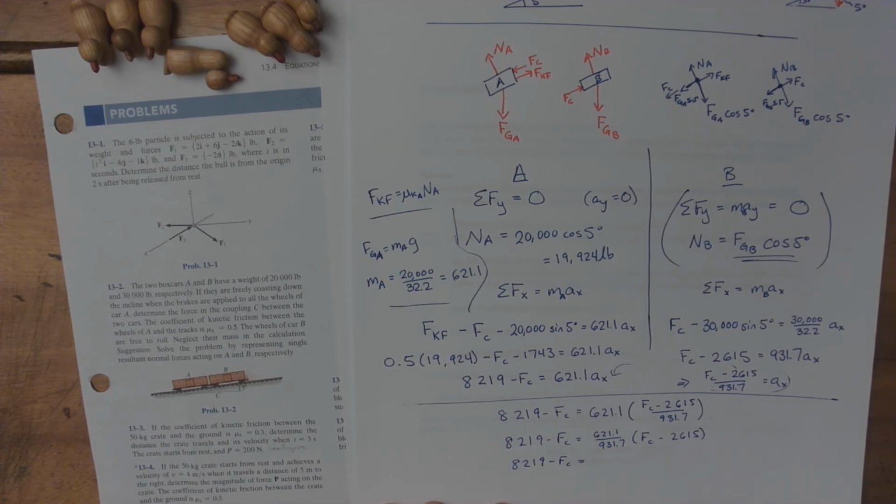931.7, and that gives us 0.6666. If we distribute that, we get 0.6666 times FC, and when I multiply that by 2,615, I get 1,743. And then let's bring this FC over to this side and the 1,743 over to the other side. So that's 8,219 plus 1,743.